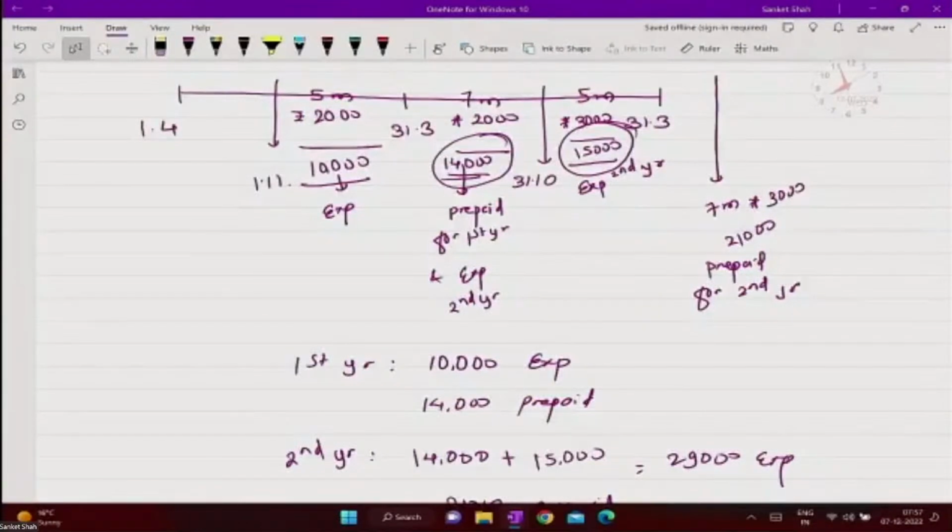Now you can see the expenses pro forma. Expense to prepaid, by payable, to cash, and by P&L. So this is a pro forma, beta. Yes, beta, still confusion? Or now it's easy?